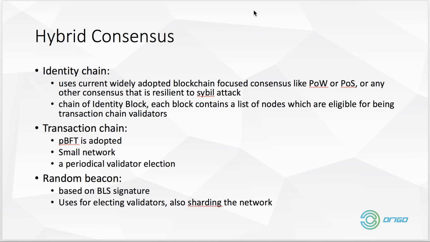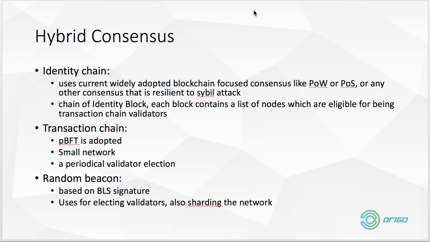After a period of time, the identity chain mines another block and selects another group of people to validate transactions. For example, in these 10 minutes several hundred nodes validate the transaction, and after 10 minutes another group of nodes does it. So it's fair, and everybody has the chance to get the permission to run the consensus for transaction validation.